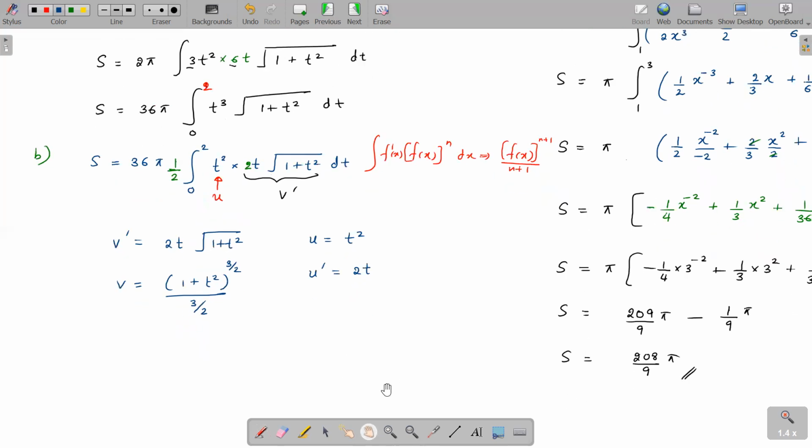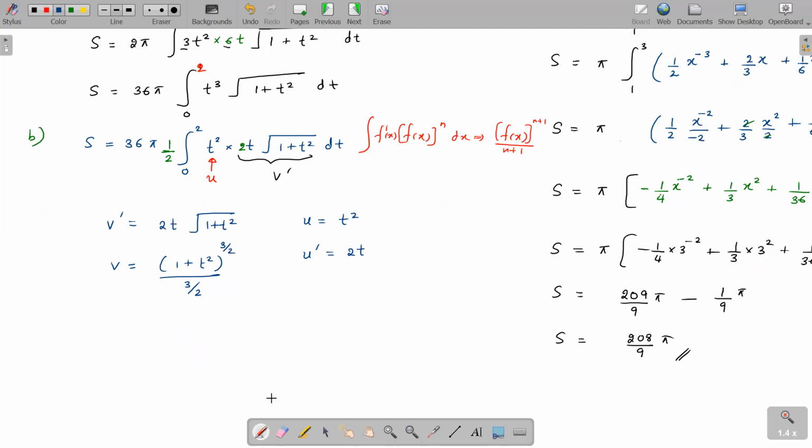Then let's input the values. So the integration by parts rule is what? Integration of u v dash with respect to x is uv minus integration of v u dash. Let's continue here. S equals 36 pi into half. Actually, how much is 36 pi into half? 18 pi.